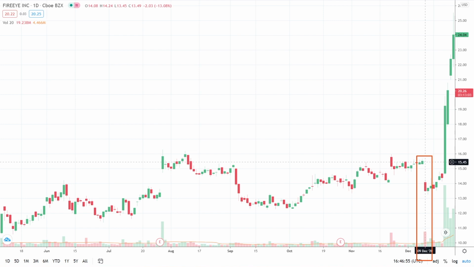FireEye reported that it was not their fault. It was something bigger. And something bigger is the SolarWinds hack that affected many companies.